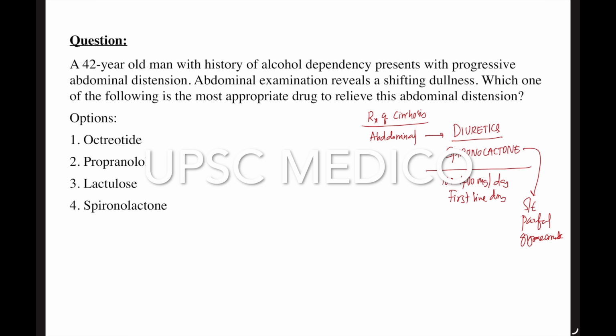So if there is a problem with this, amiloride can be substituted in these cases. In severe resistant cases, we can even go for furosemide, but furosemide carries risk of hypokalemia. So the correct answer here is spironolactone.